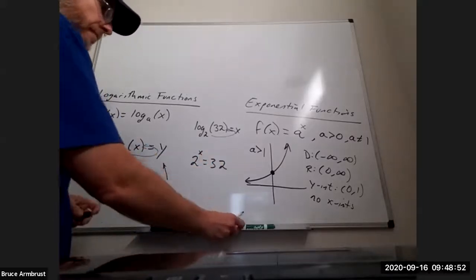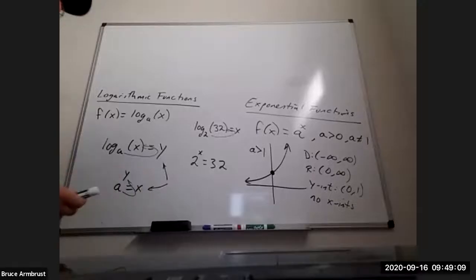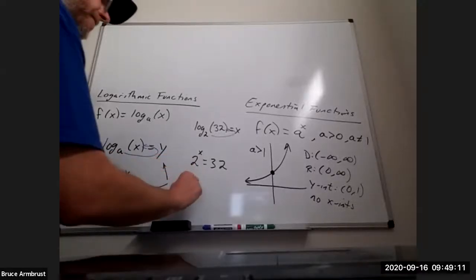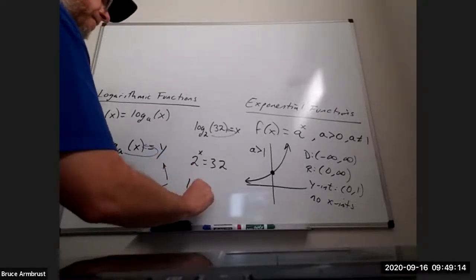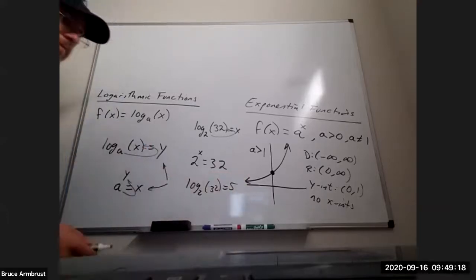equals 32. And if I wrote, okay, answer 2 to the x equals 32, I bet a lot of you already know the answer. What is it? 5. 5, right? 2 to the 5th is equal to 32. So it turns out that log base 2 of 32 equals 5.